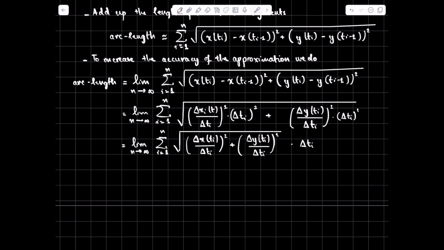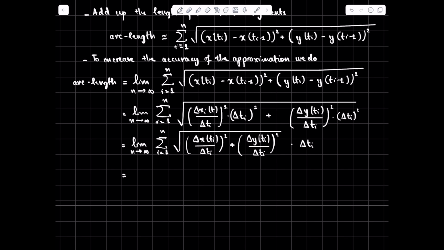As you take the limit as n goes to infinity, this term approaches the derivative x prime of t sub i, and this term will go to y prime of t sub i.